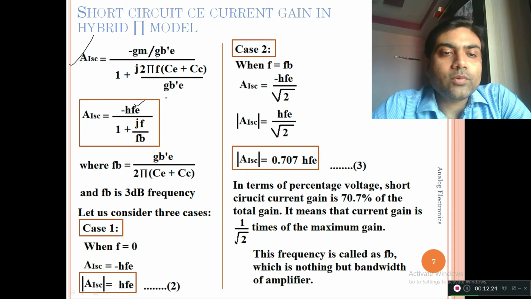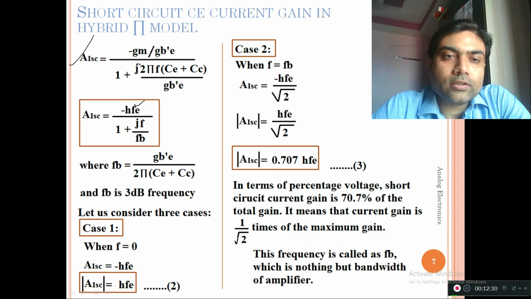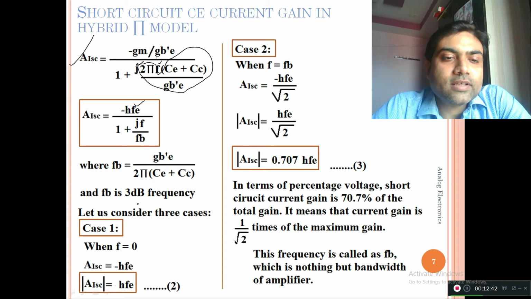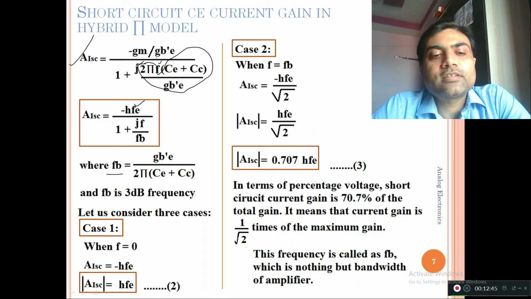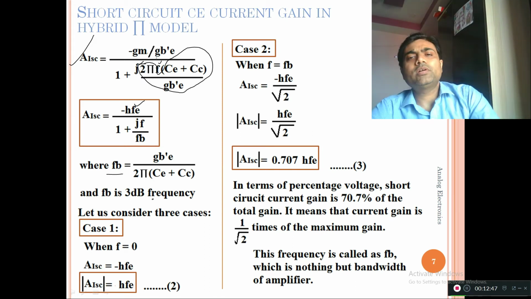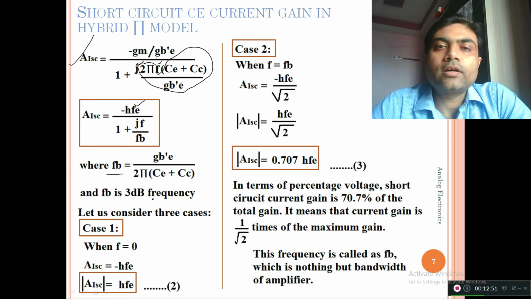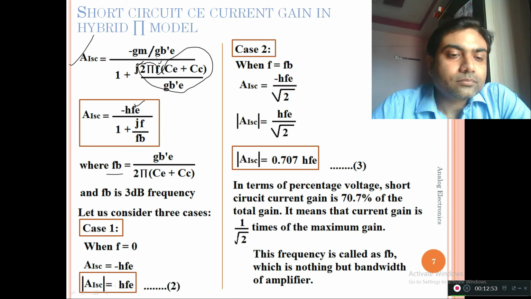In this equation, j and f remain the same, and the rest, GB'E upon 2 pi (C_E plus C_C), is replaced as f_B, which is nothing but the 3 dB frequency. We will discuss the 3 dB frequency later when we go to the diagram.